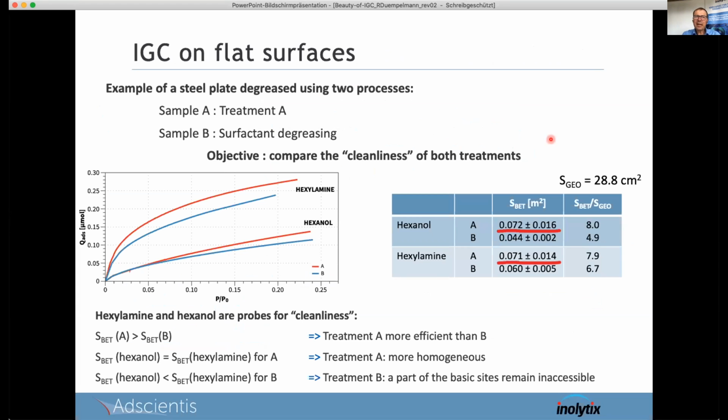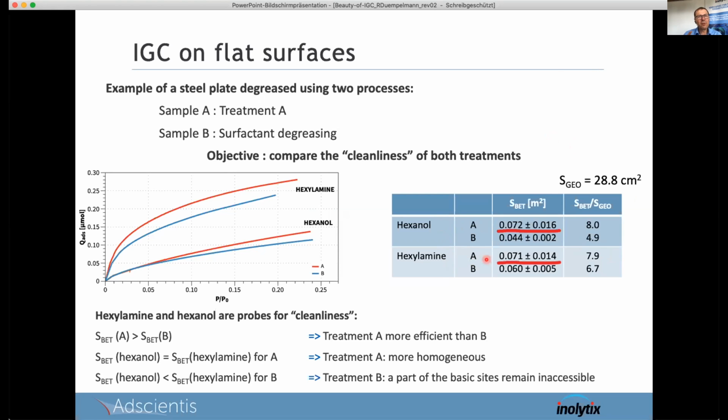In this case, hexylamine and hexanol were probes for the cleanliness. The more they stick to the surface, the cleaner the surface is. And here you see the specific surface area for both hexanol and hexylamine.